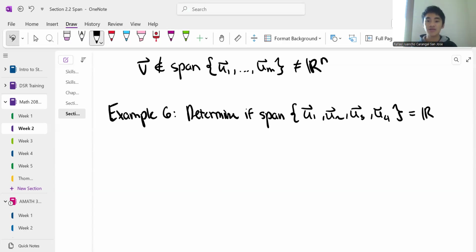Yeah, so we already know there's no correlation between the number of vectors and the dimensions. It's only the number of components of each vector that corresponds to the dimensions.